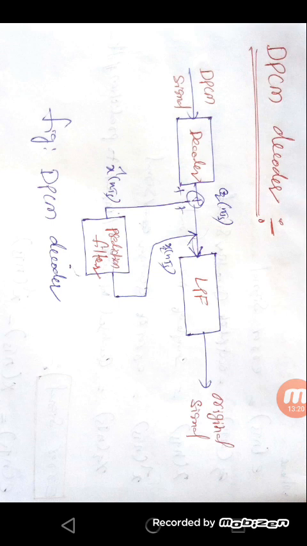That means only two steps are performed by the DPCM encoder and decoder: analog to digital, digital to analog. This is the brief information and brief operation of DPCM.